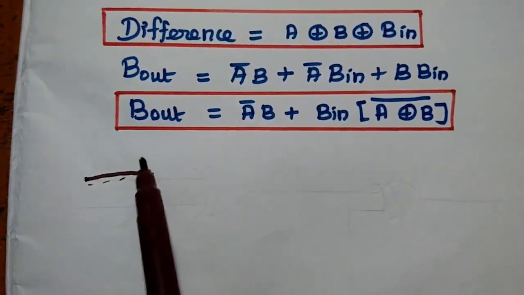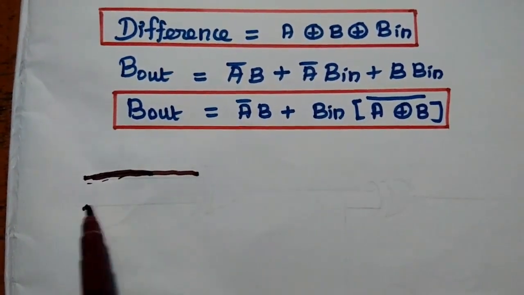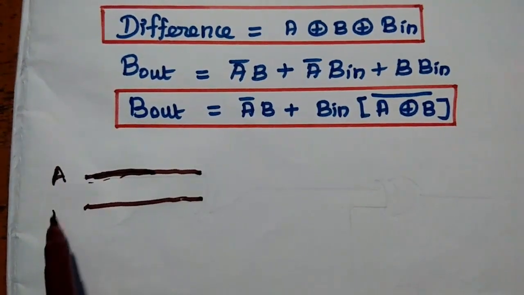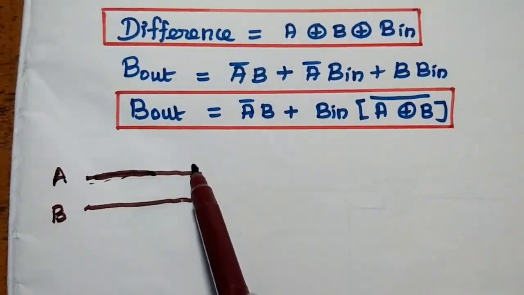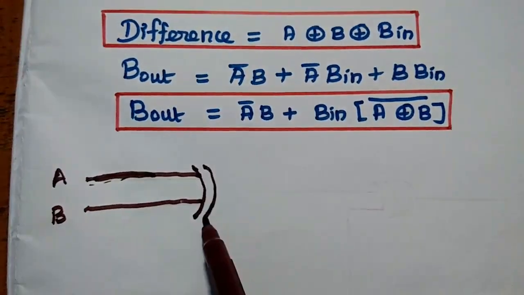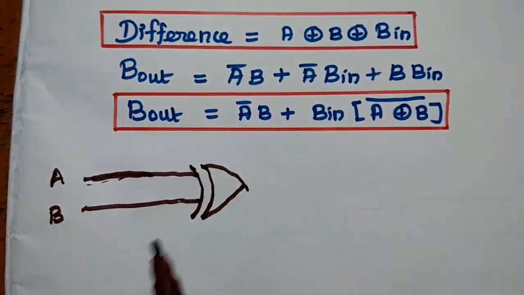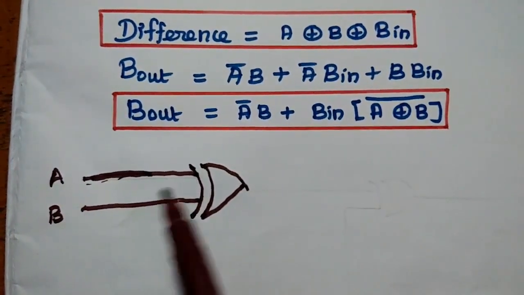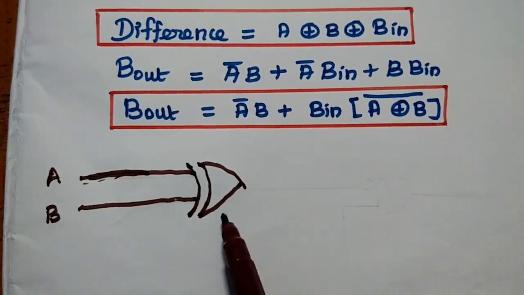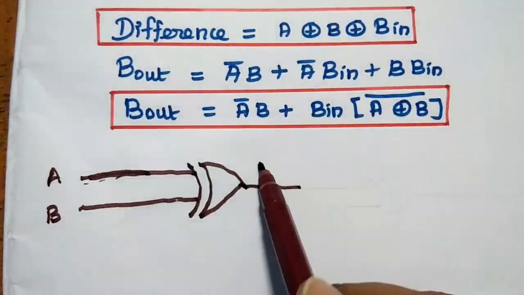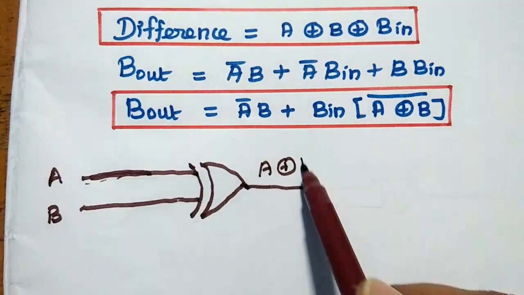Here we can have the two inputs A, B. We have to give them to an XOR gate. So both the inputs are given as inputs to the first XOR gate. Here we can obtain the XOR value.